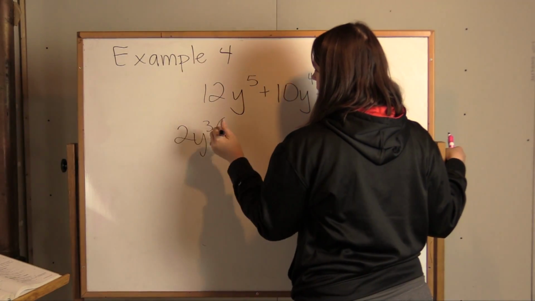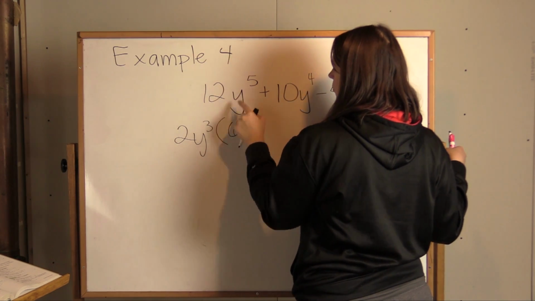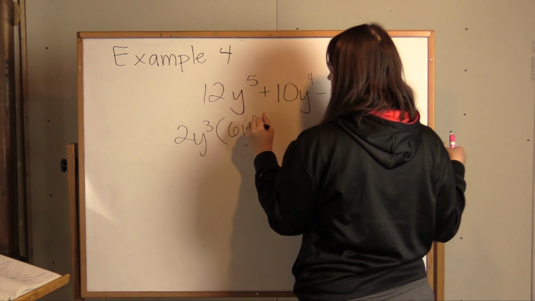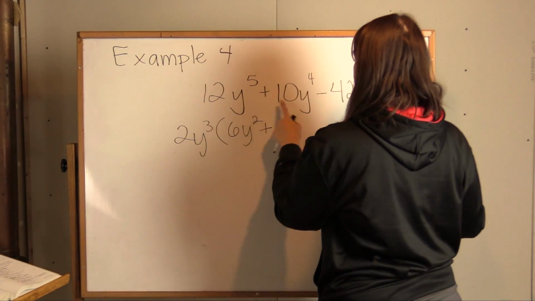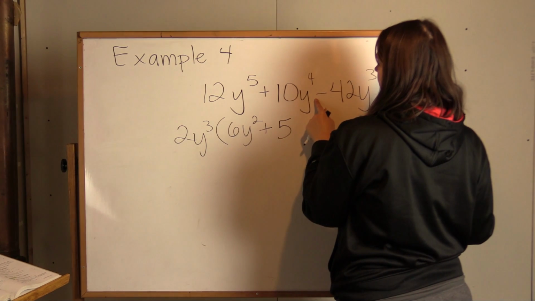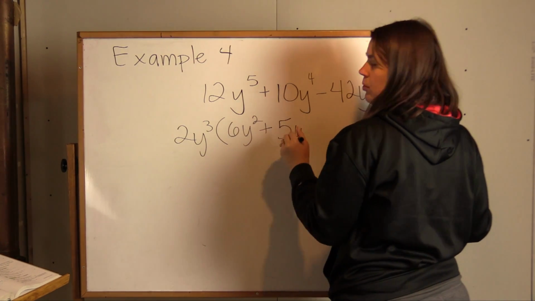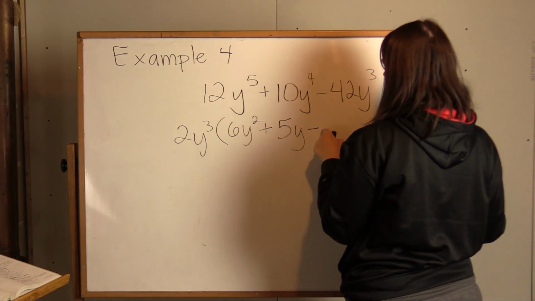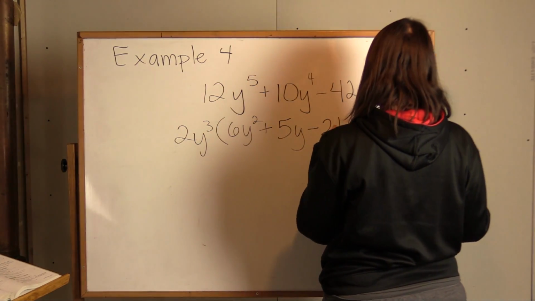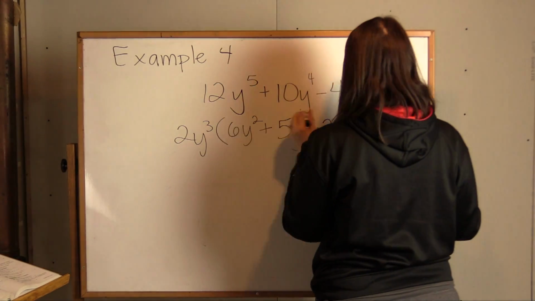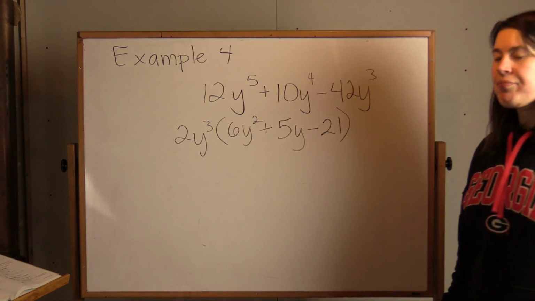So 12 divided by 2 is 6. I had 5 y's, I took away 3, so I'm left with 2. Plus sign carries. 10 divided by 2 is 5. I had 4 y's, I removed 3, so I'm left with 1. The minus sign carries as well. 42 divided by 2 is 21. Y to the 3rd, I removed it, so it's no longer there.